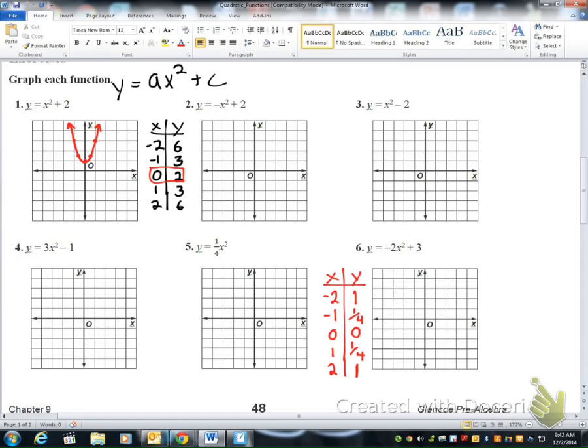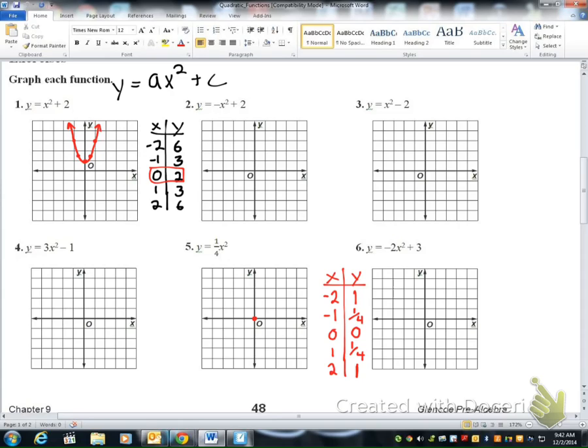So now, if I want to graph it, I know I've got 0, 0 on my graph. I have negative 2, 1. And here, since our units are really small, we could also count up by halves or even fourths. Like I could make each of the y values be a fourth.